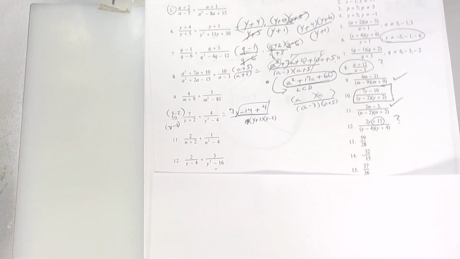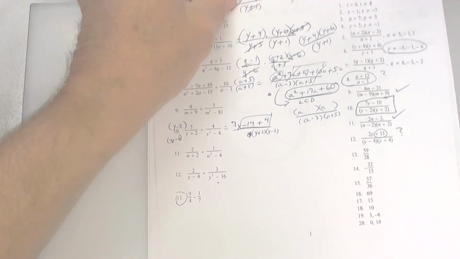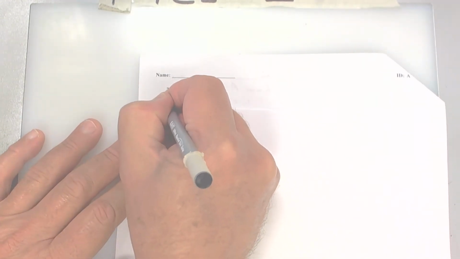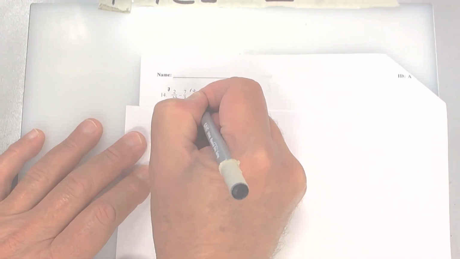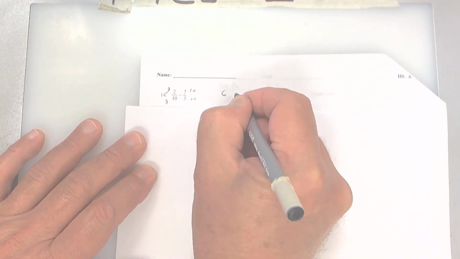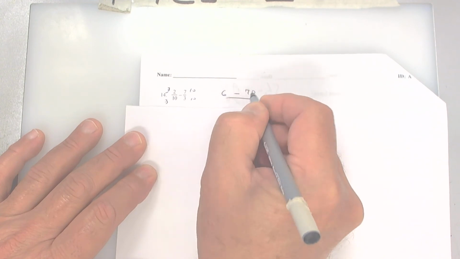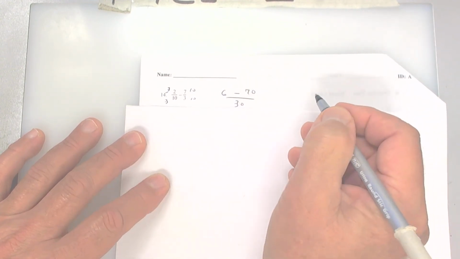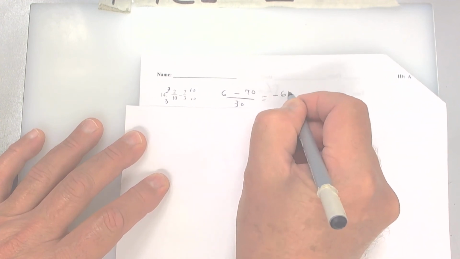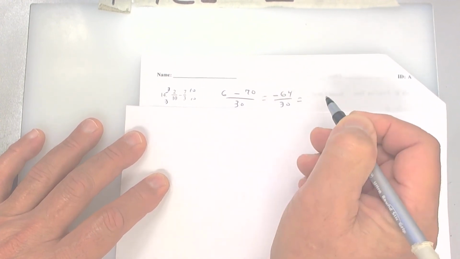Okay. All right. I mean, look at the work. The work looks right. All right, number 13 we already worked. Let's switch this thing over. It's a little scary when you see some that you think maybe they made a mistake on. This one right here, when you find your least common denominator, you're going to put the 3 over here and the 10 over here, and you're going to multiply. So 3 times 2 is going to give you 6 minus 70 all over 30, which is your least common denominator. And when you do that, you're going to get negative 64 over 30, and I think that reduces.